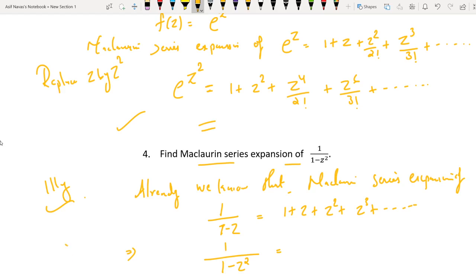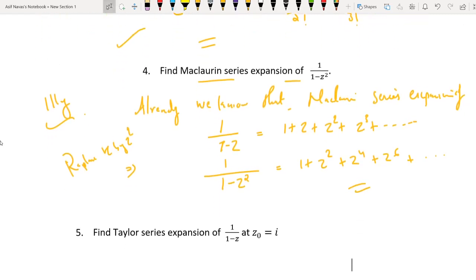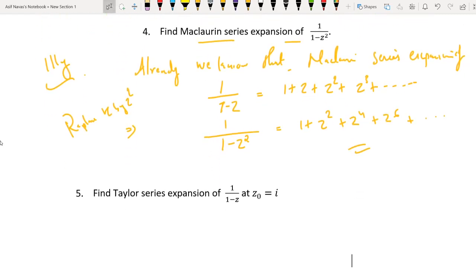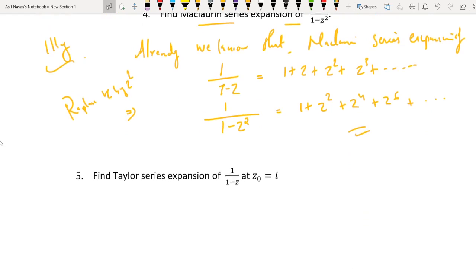We replace z by z square. So if it is z cube, then we will replace z by z cube. So 1 plus z square plus z raised to 4 plus z raised to 6 plus etc. This will be the Maclaurin series of 1 by 1 minus z square.